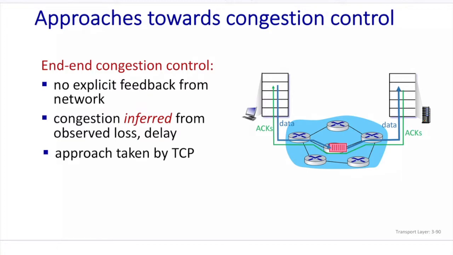So the sender should come up with some mechanism to realize that the internet is congested or is not congested. Ideally, routers should tell the sender to slow down or something like that. But actually, we don't have such a mechanism.